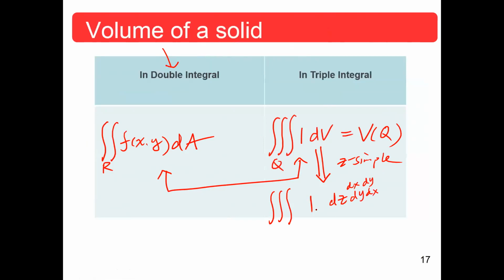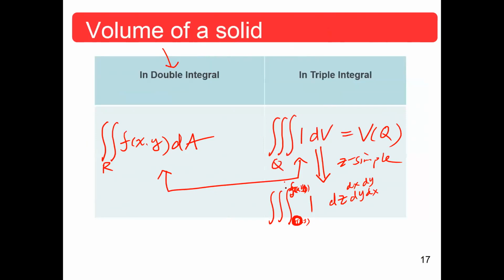Here the integrand is 1, and z goes between functions of x, y, depending on the solid. If we're just evaluating one single solid, which is completely above your xy plane, then this will be z from 0 to function f of x y.